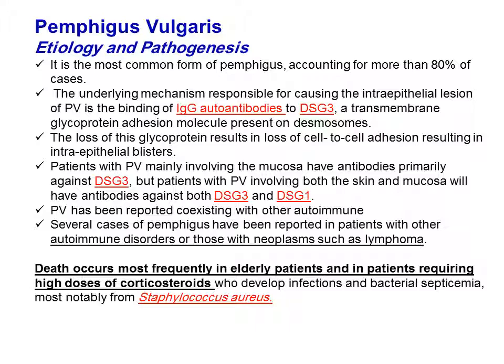The loss of this glycoprotein results in loss of cell-to-cell adhesion, which leads to intraepithelial blisters. Patients with pemphigus vulgaris have antibodies primarily against DSG3, involving the oral mucosa, and antibodies against DSG1 involving the skin.